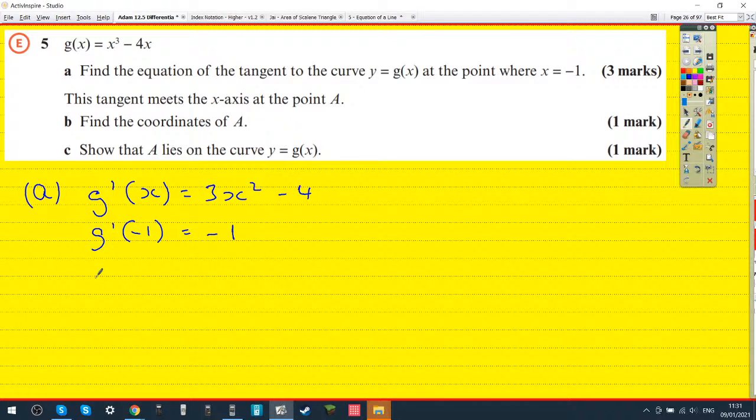And is minus 1 m? Yep. So then do you substitute into y equals mx plus c? Yep. Should be y equals minus 1x plus c. Yeah, so far so good.